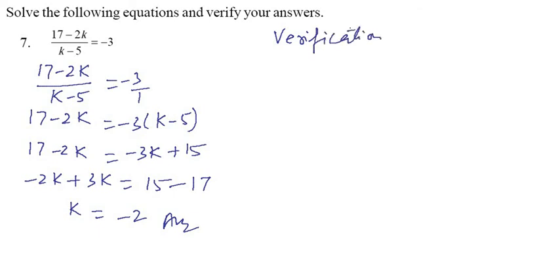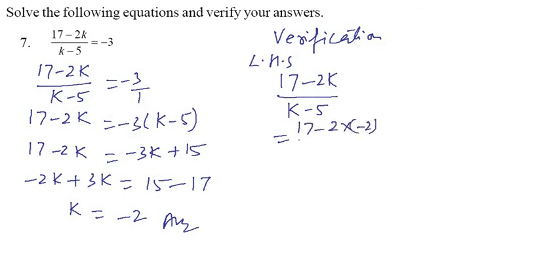Verification of the answer. Now taking the left hand side of this equation, that is (17 minus 2k) upon (k minus 5). So put the value of k as minus 2. So 17 minus 2 into minus 2, and here is minus 2 minus 5.